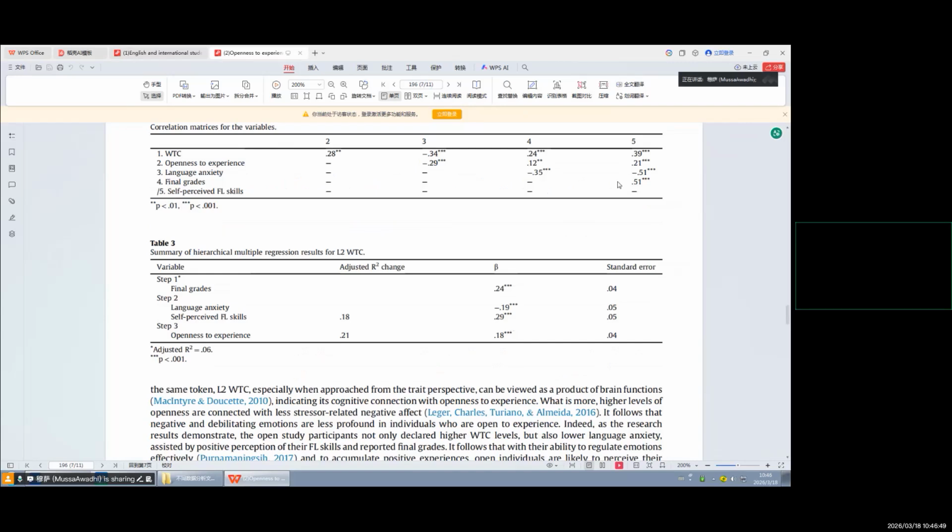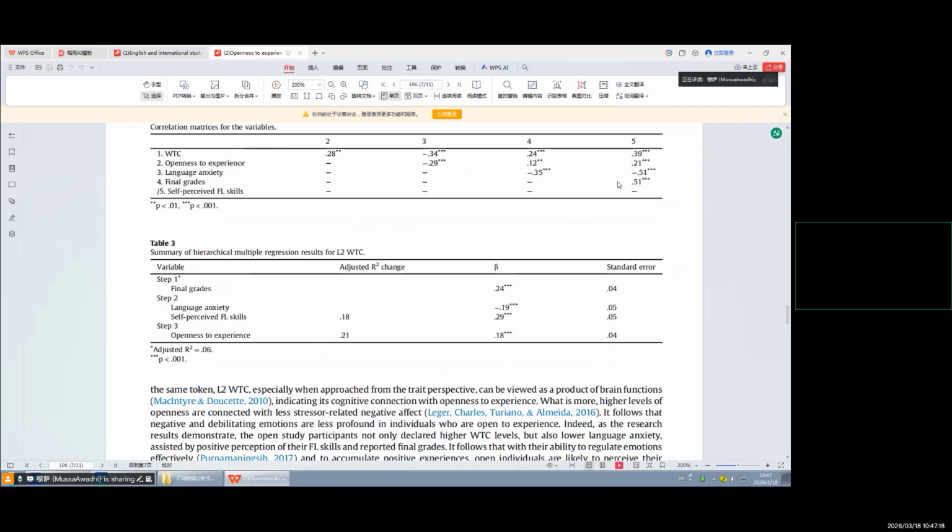So this coefficient represents language anxiety level, and it is also significant. So it means language anxiety is also a significant predictor of reading, right? But it is negative.